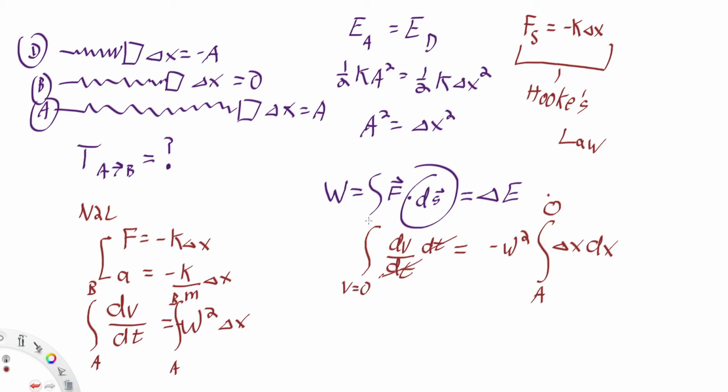At point B, our velocity is some quantity. So integrate dv, we get v, and evaluate it at 0 and some value v. So this is just our velocity. At the other end over here, we integrate over distance.